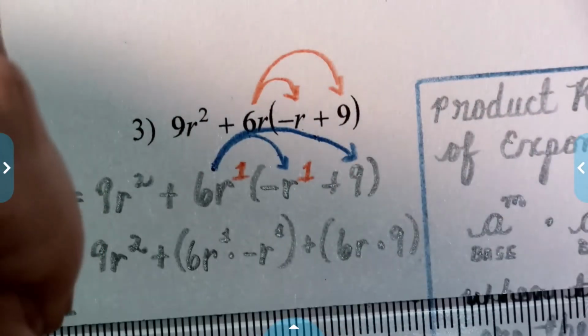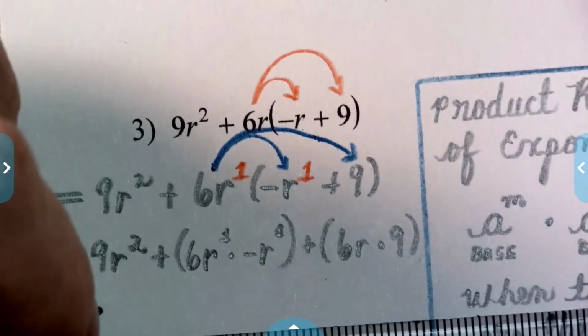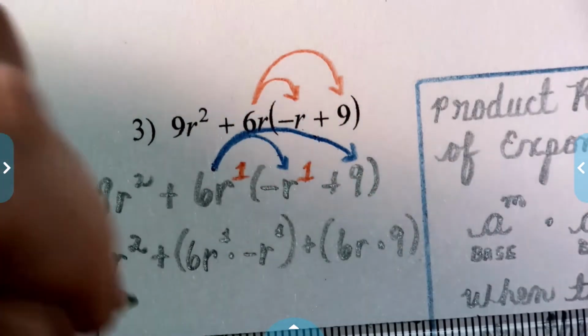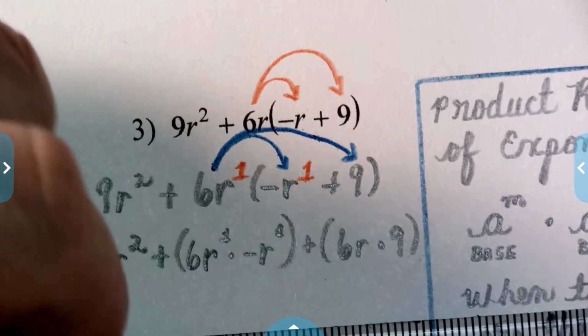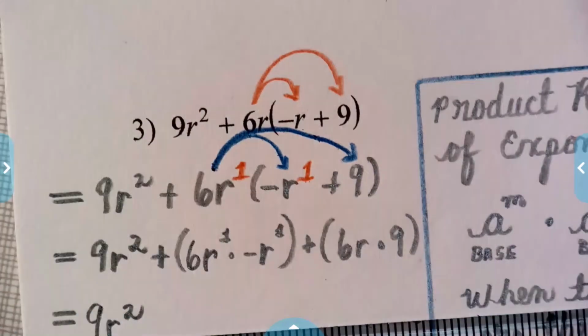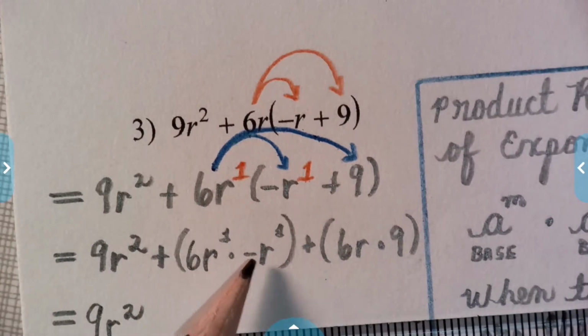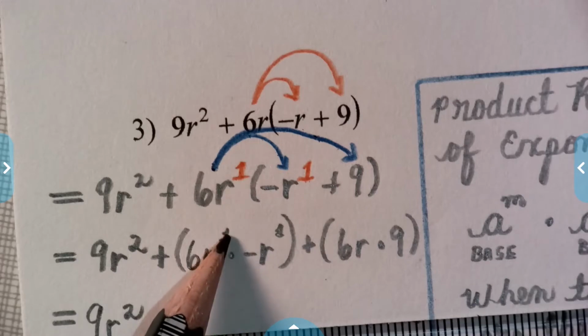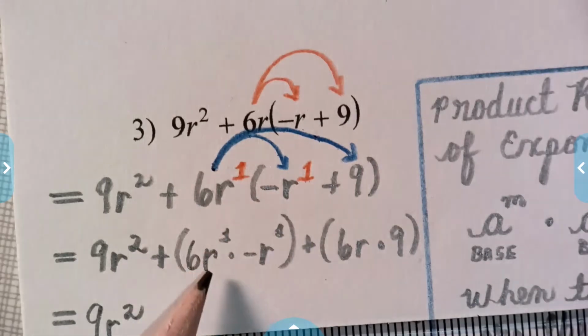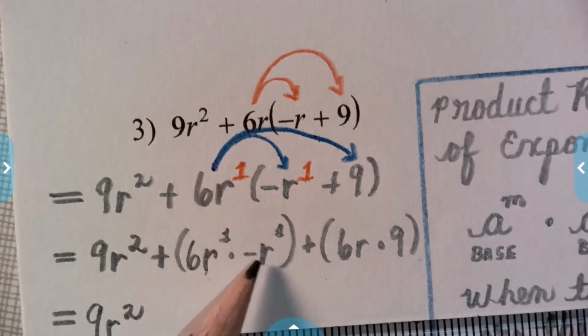So that equals 9r squared. And now let's think about this for a minute. Forget about that negative symbol, okay? That doesn't matter. 1 plus, these are the bases, by the way. R and R, those are bases.